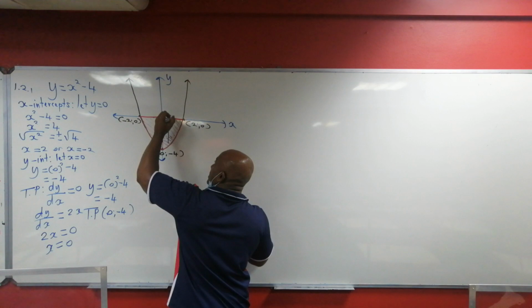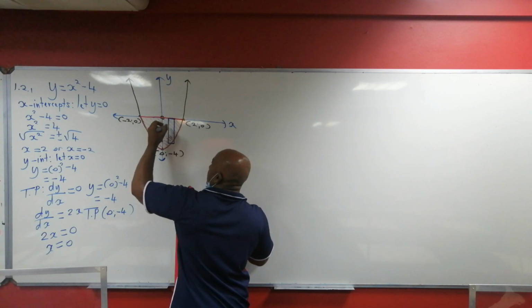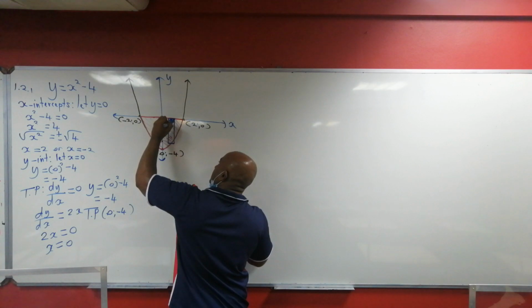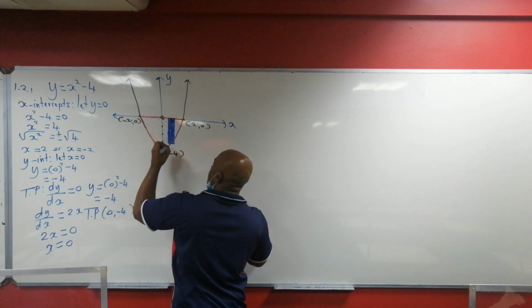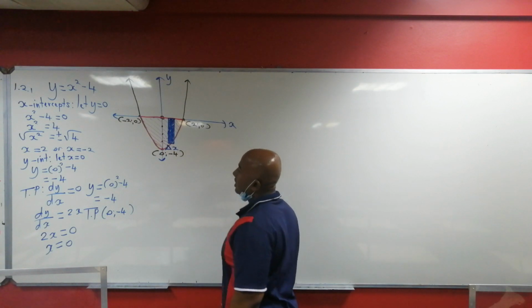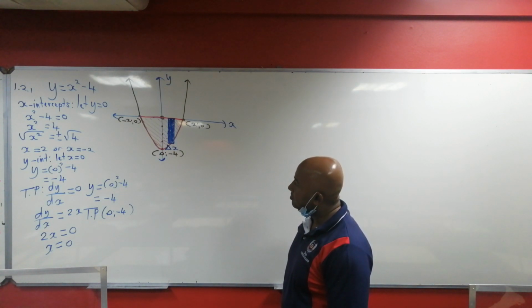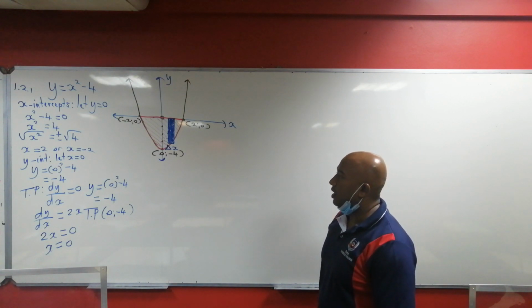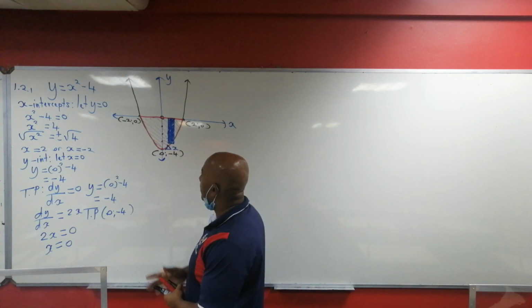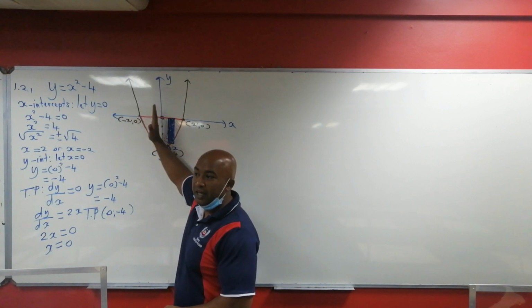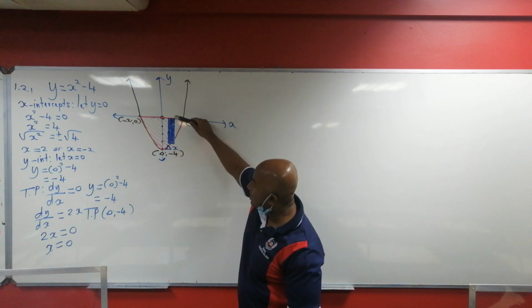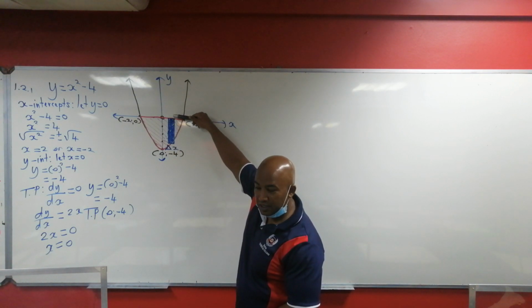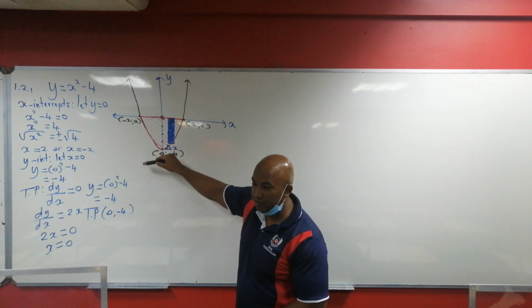In this situation, I'm going to draw my rectangle like this. So here's my rectangle. Can you see that? This rectangle can be drawn anywhere, starting from -2, ending at +2, anywhere inside here. But if you're drawing a rectangle like this, make sure the top starts at the x-axis and the bottom is touching the curve.